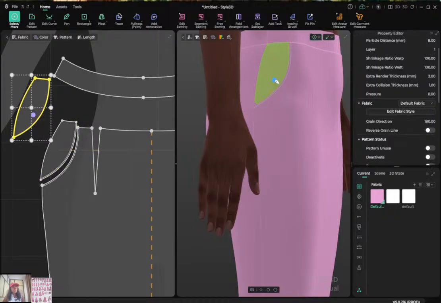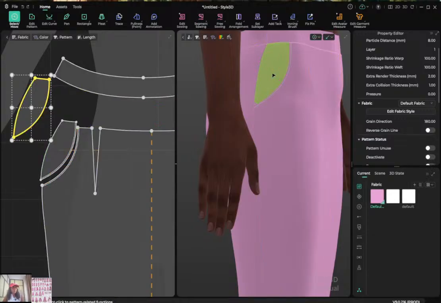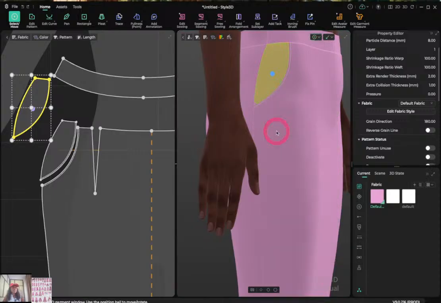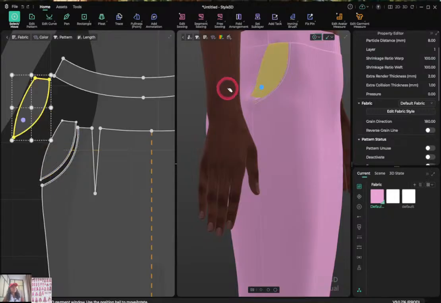Let me do that one more time and simulate. Yep, come on, stay on top. Okay, at least let me strengthen you so that you stay on top. No, no, no. It's this piece that's supposed to be on top.